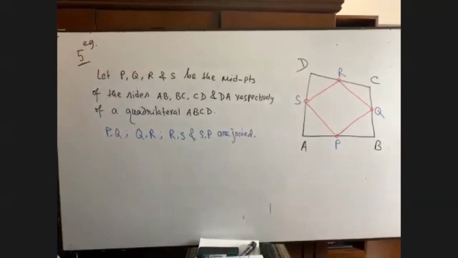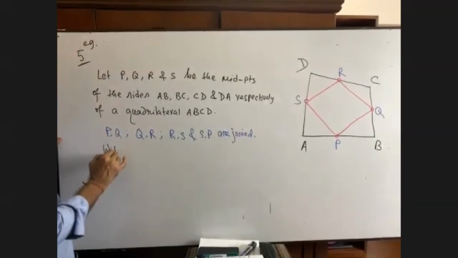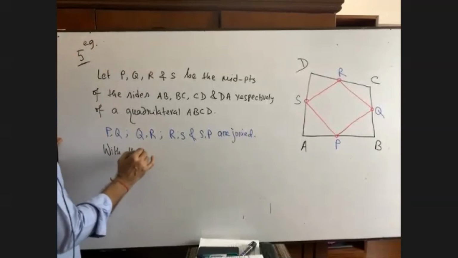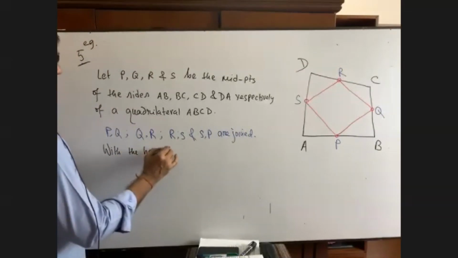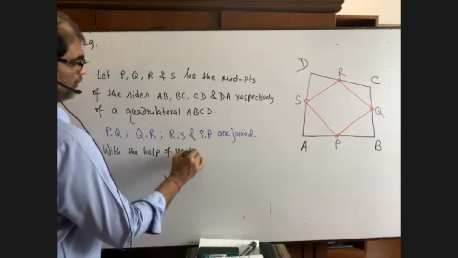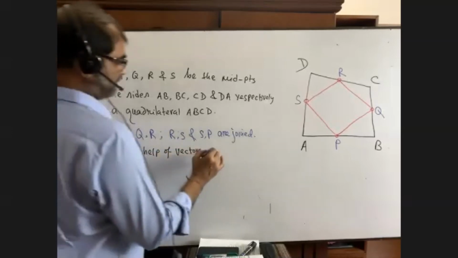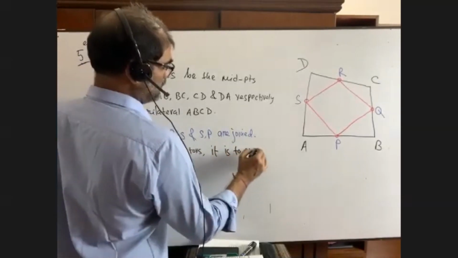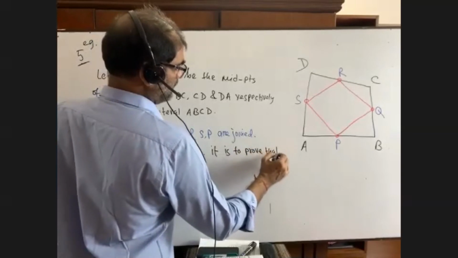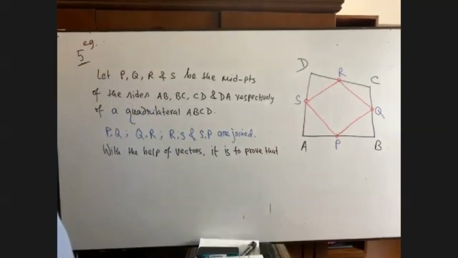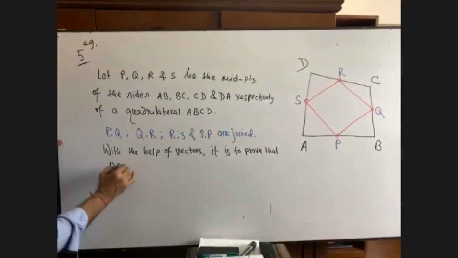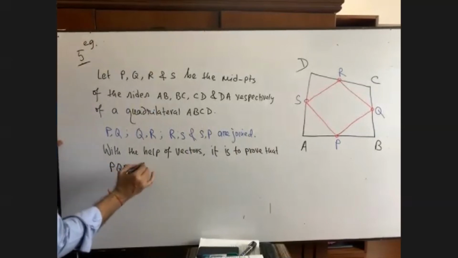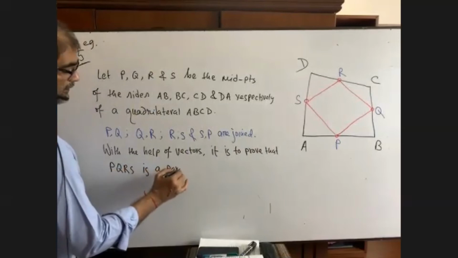With the help of vectors, we have to prove that, write down, with the help of vectors, it is to prove that PQRS is a parallelogram.